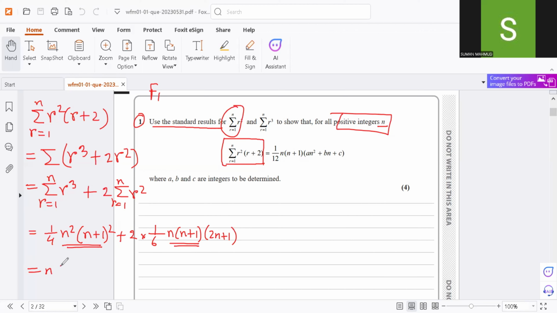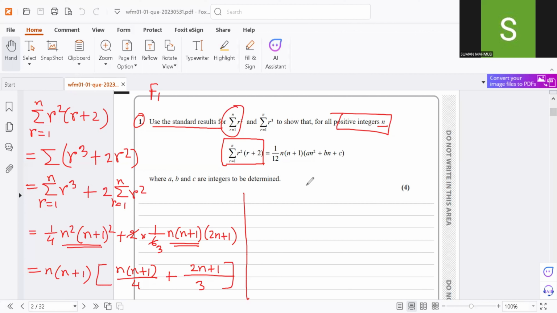So the remaining part of the first term is n into n plus 1, and the denominator is 4. In the second term, if you simplify it, the denominator is 3 and n plus 1 is common. So the remaining part is 2n plus 1 divided by 3.